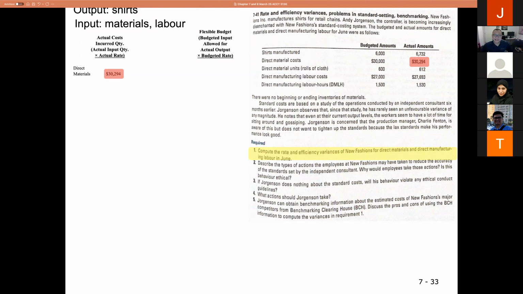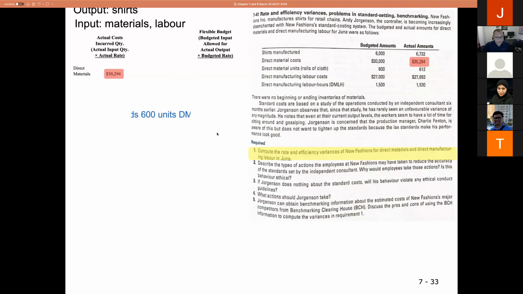Okay, it's per shirt material input. Good. How about the budget rate? $30,000 divided by the 600 material. Very good. Yeah, that's exactly correct.